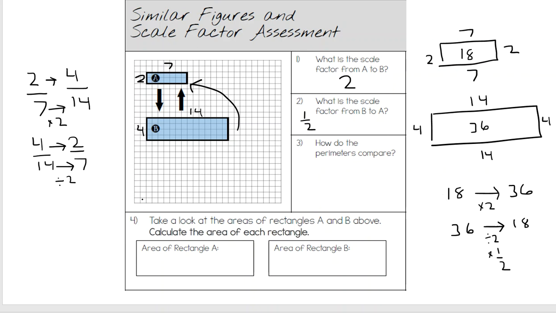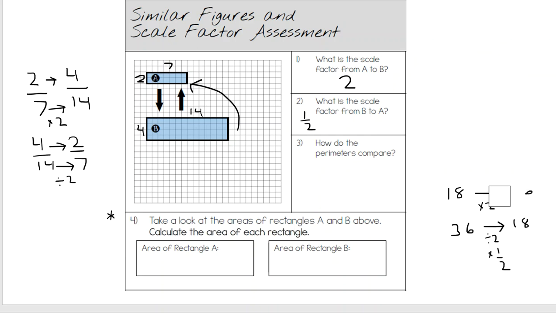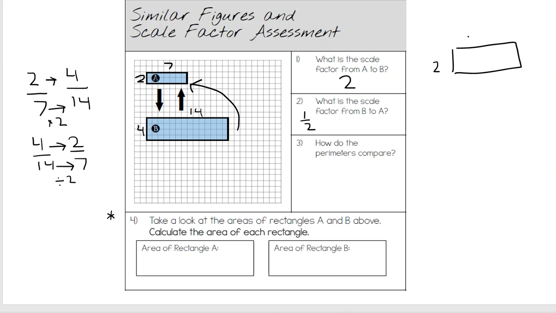It says, take a look at the areas of the rectangles. So I'm going to go ahead and just create some space over here. Remember, to find area of a rectangle, it's length times width. So if we want to find the area of the rectangle that is a 2 by 7, that area would be 14.